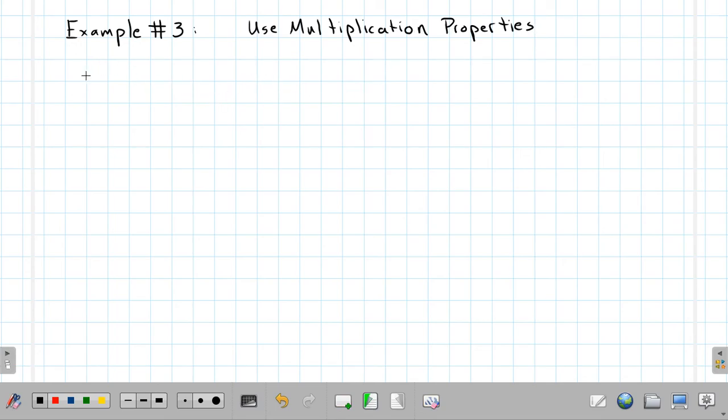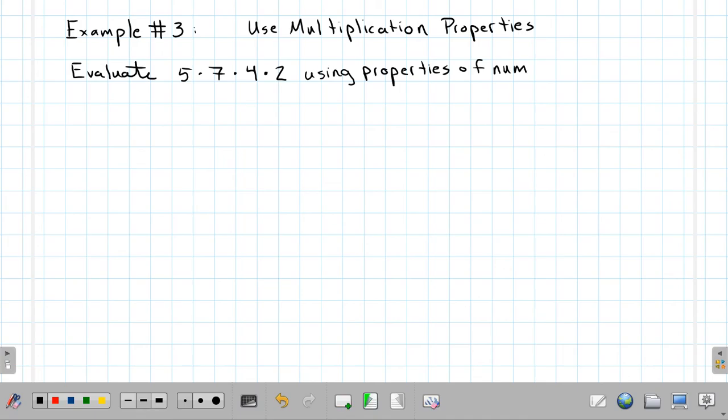So what you're asked to do here is evaluate 5 times 7 times 4 times 2 using properties of numbers. And we need to name the property used in each step.